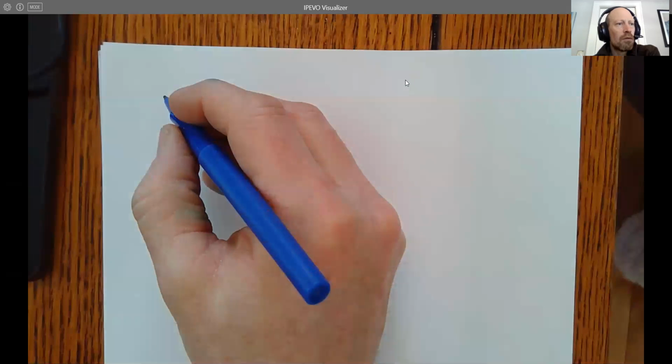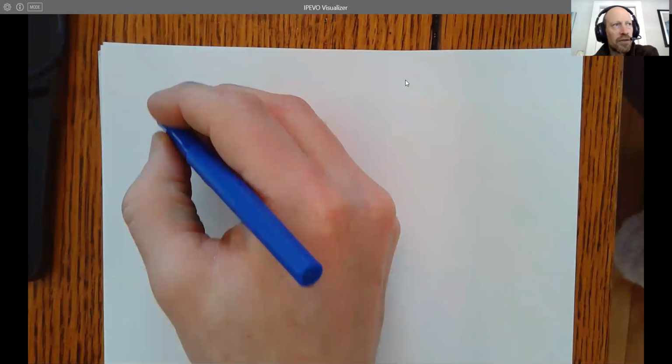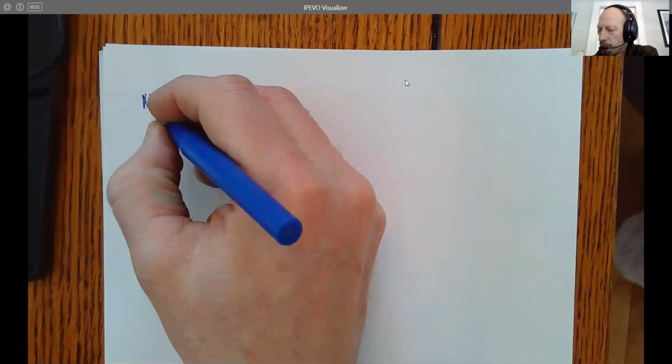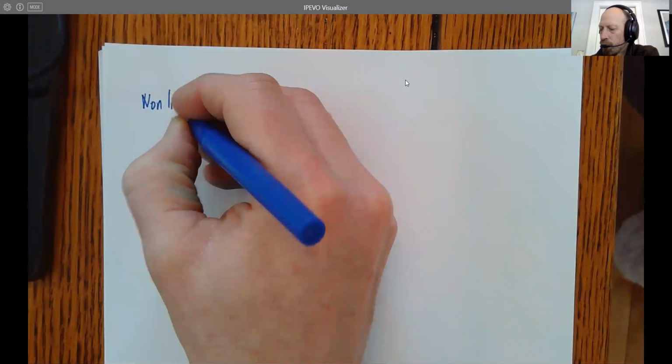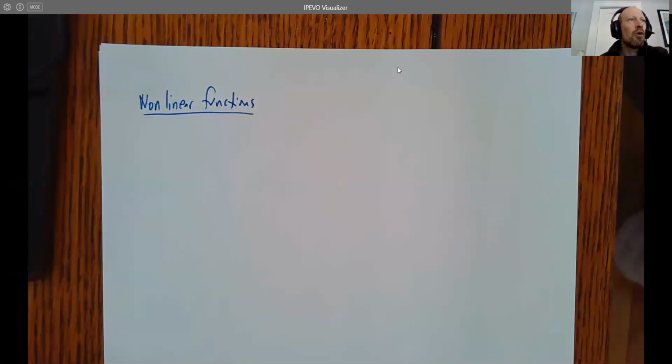So this section is called nonlinear functions. And we know a lot already about linear functions, right? Linear functions are just lines. And so in some sense, there's not really anything else that we can even learn about lines.